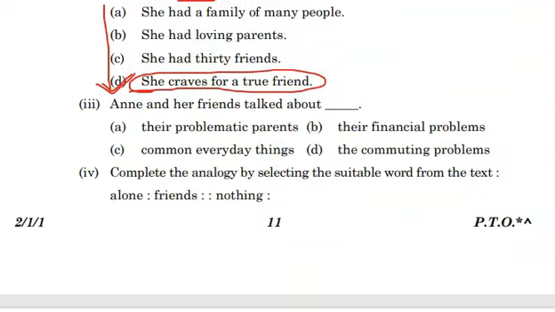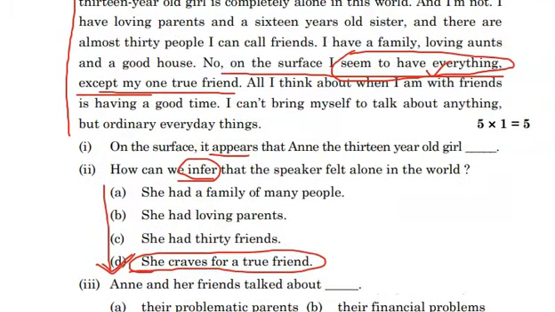Moving on to question number 3. Annie and her friends talked about what? So let us see. "All I think about when I am with my friends is having a good time. I can't bring myself to talk about anything but ordinary everyday things."